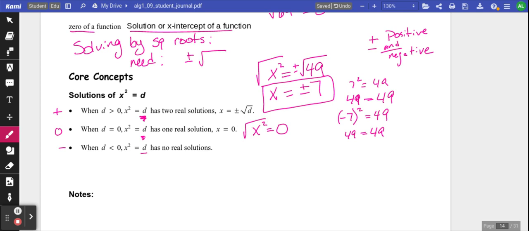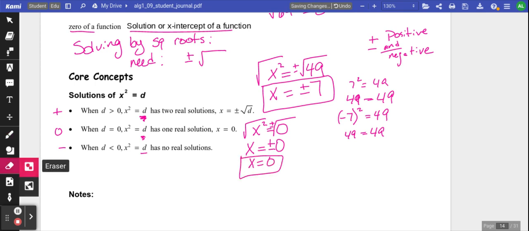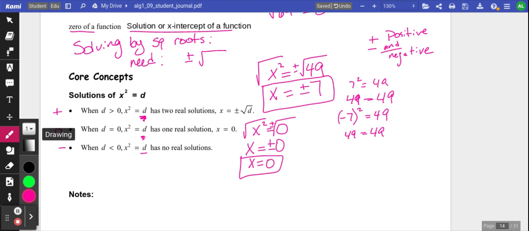We say, okay, what's the square root of this? And then the positive and negative square root of 0. That cancels each other out, so I just get x. Technically, my answer is positive or negative 0, but when we simplify that out, it's just x equals 0. We don't have a positive and negative version of 0. It's just x is equal to 0.